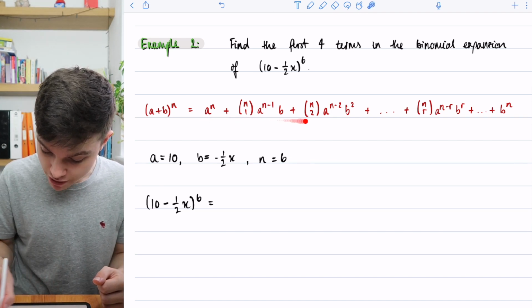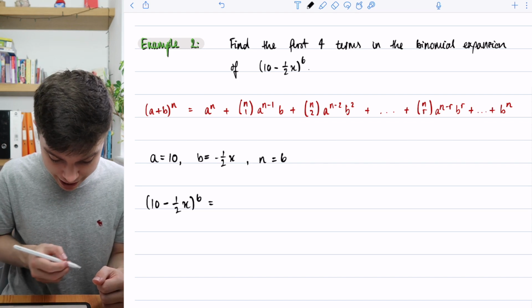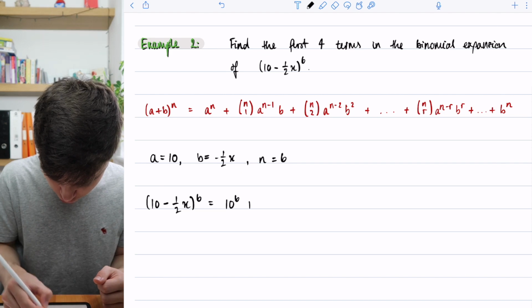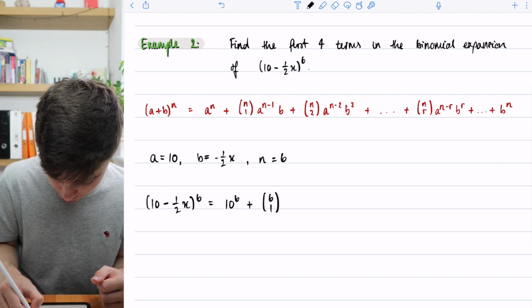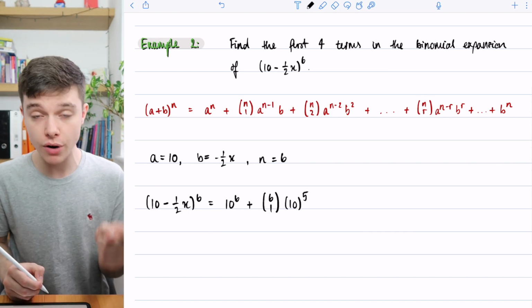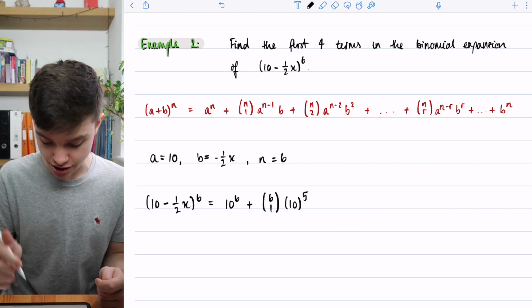Following this red expansion here, which is the binomial expansion, we're going to have a to the power of 6, which is 10 to the power of 6, plus n, which is 6, and then choose 1. And then we're going to have a, which is 10 to the power 5, because we're going to decrease the power of my a, my 10, each time.